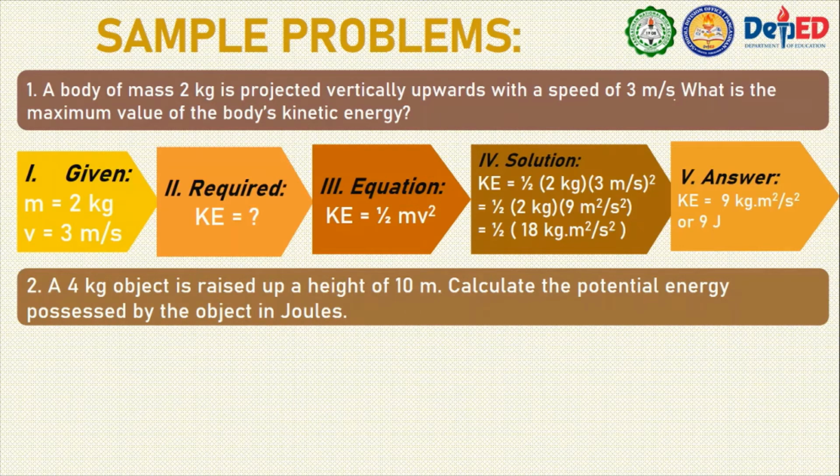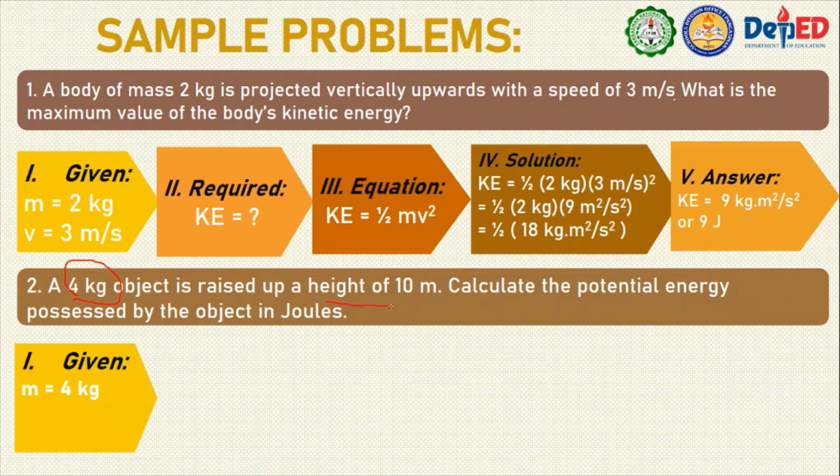A 4 kilogram object is raised up a height of 10 meters. Calculate the potential energy possessed by the object in joules. Let's solve this problem again using the 5 steps. Step 1, identify the given. So here in the problem, we have 4 kilograms. That is the mass of the object. So you write mass is equal to 4 kilograms.